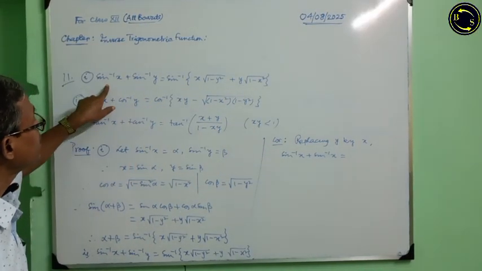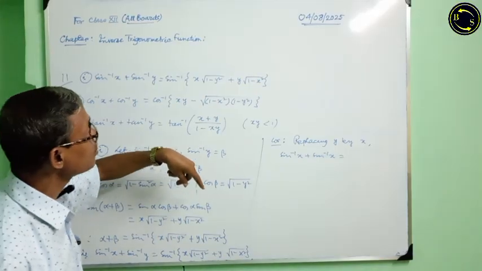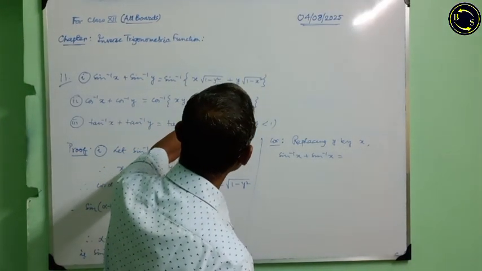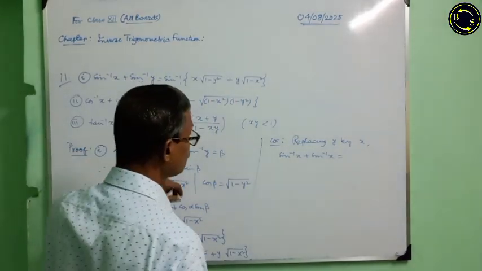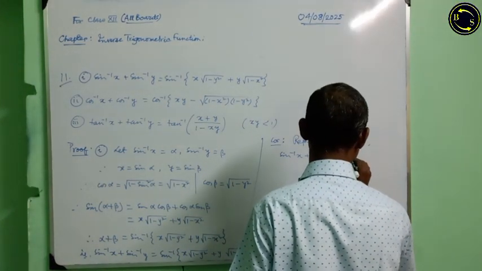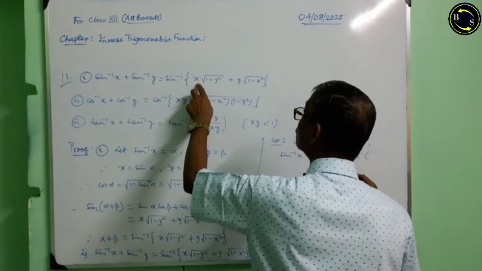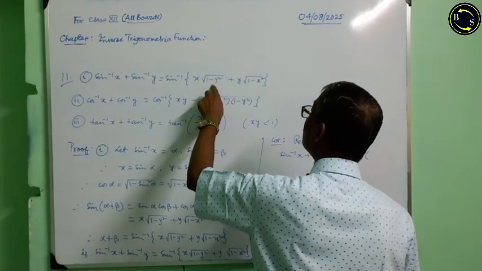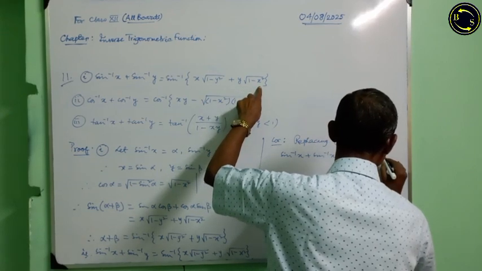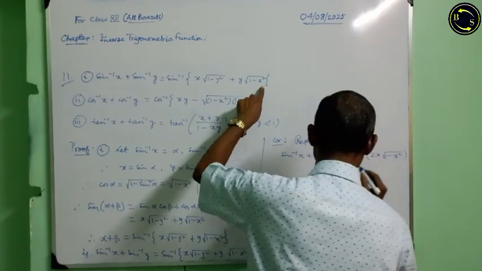Left hand side will be sine inverse x plus sine inverse y, and on the right hand side, if I put x in place of y, then that will be x root over 1 minus x square plus x root over 1 minus x square, that is 2x root over 1 minus x square.